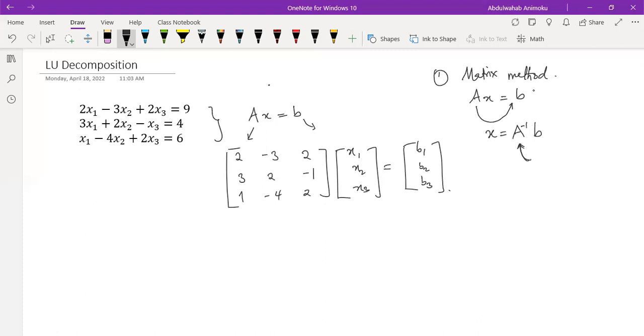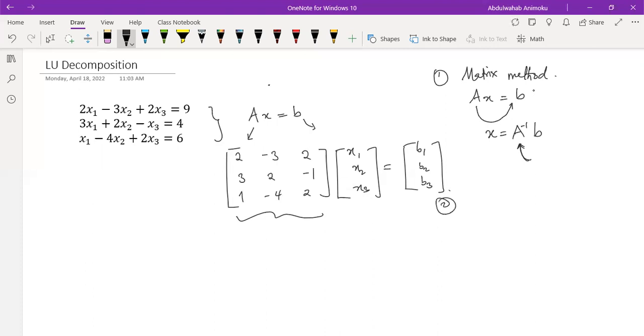We have some standard methods to compute it, and in future videos I'm going to show you how to find A inverse, that is, the inverse of this matrix. There are several ways to do this as well, so I'm going to look at those in future videos.